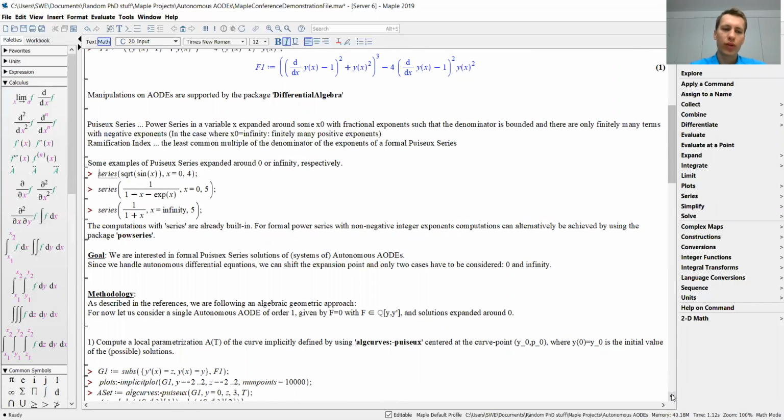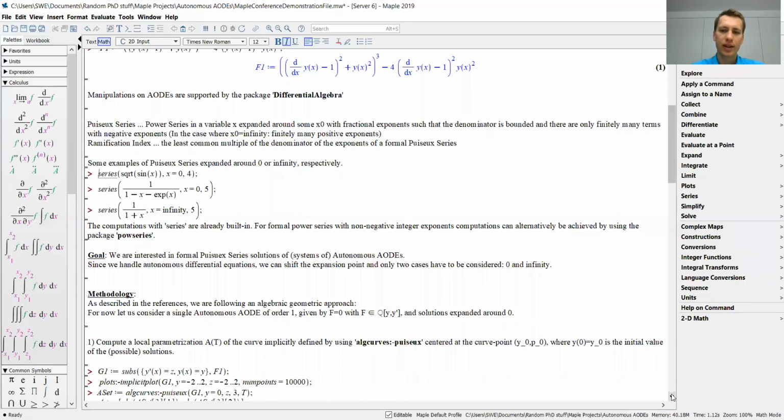Now we want to look for Puiseux series solutions. Puiseux series are power series in one variable expanded around some expansion point. We stick to 0 or infinity because we handle autonomous differential equations, which means that we can shift the expansion point later.